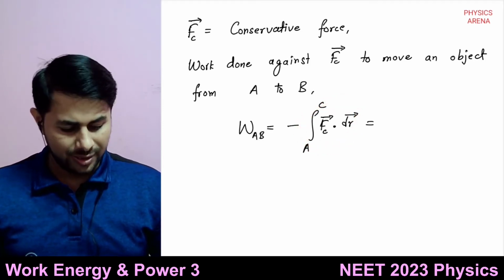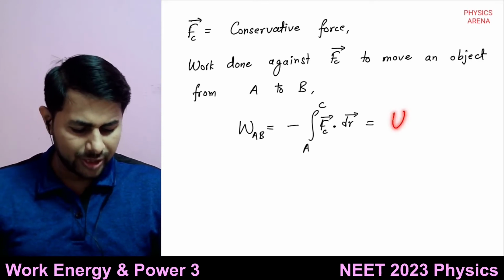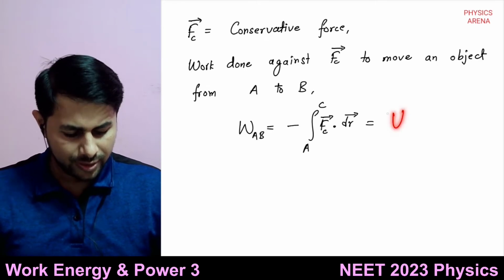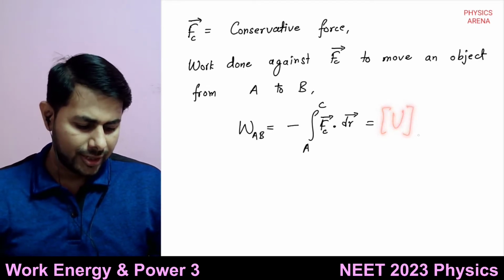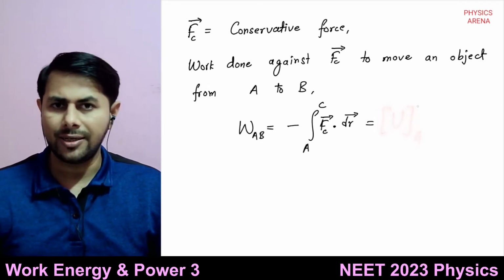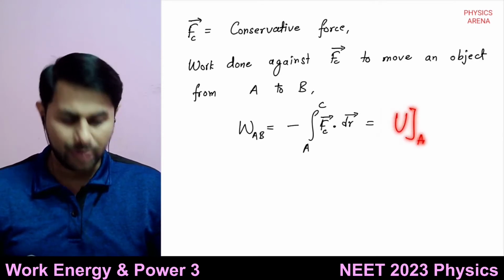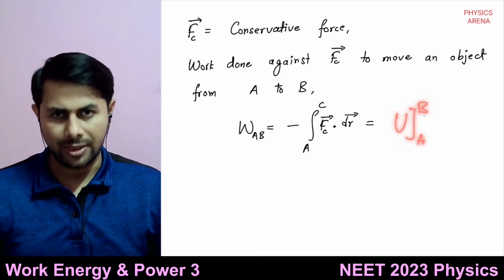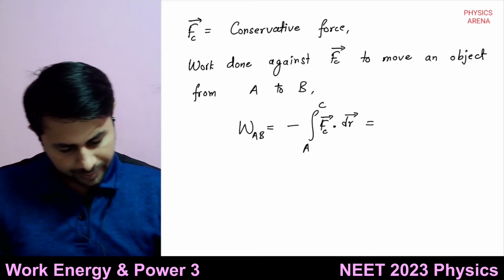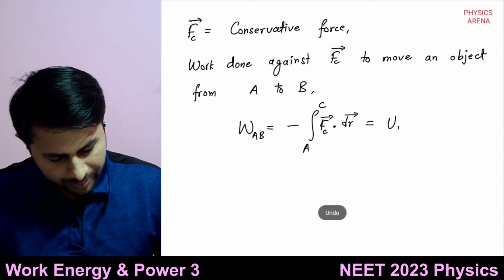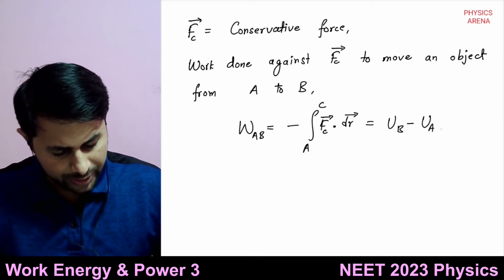Now let's suppose you get a function called u. So now you will put what? The lower limit and upper limit. The lower limit is the initial point, the upper limit is the final point. So it is u at point B minus u at point A.